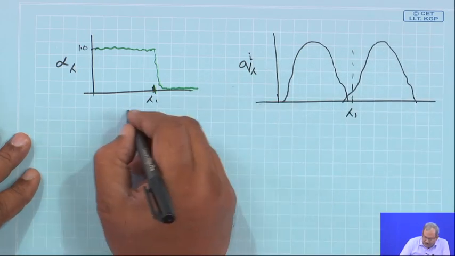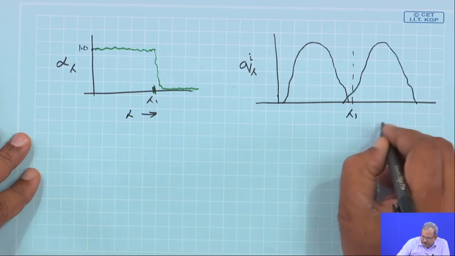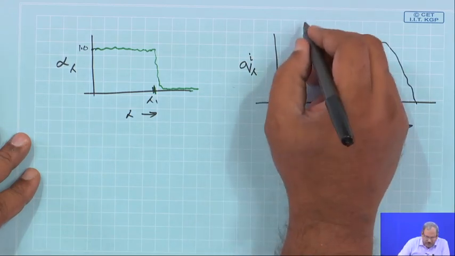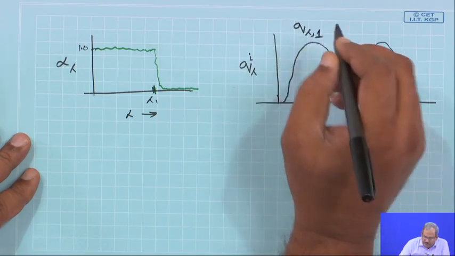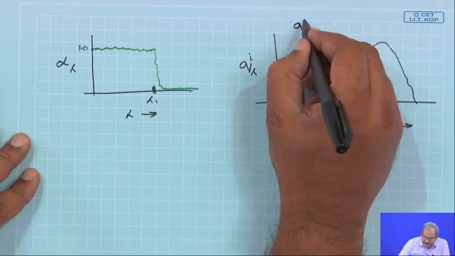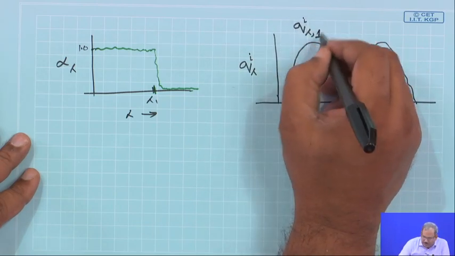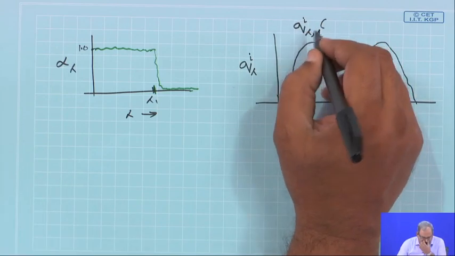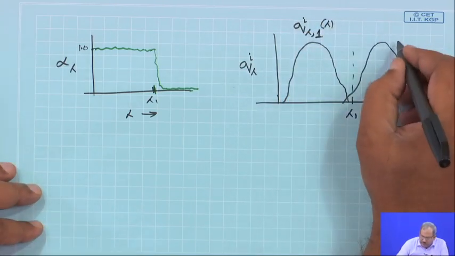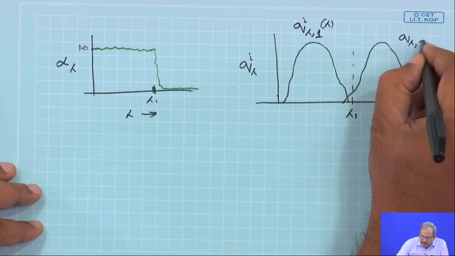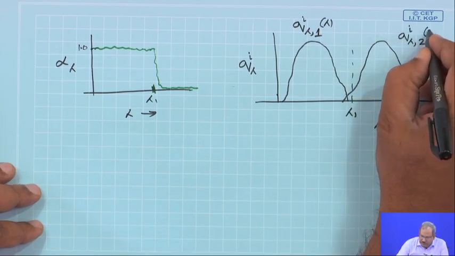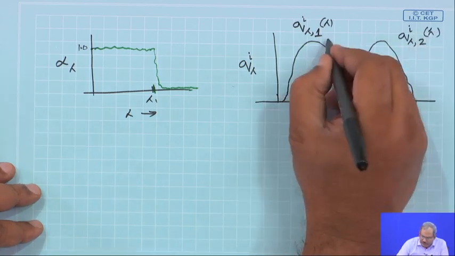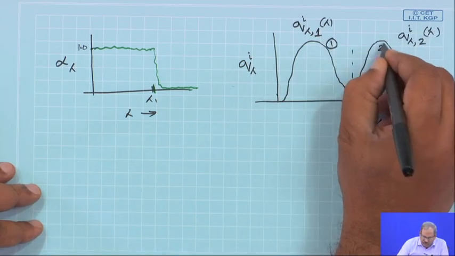So, this is lambda, this is lambda, and let us call this q lambda incident 1, and this is q lambda incident 2, as functions of lambda. So, this is case 1 and this is case 2.